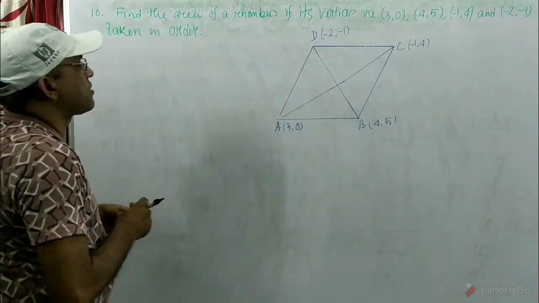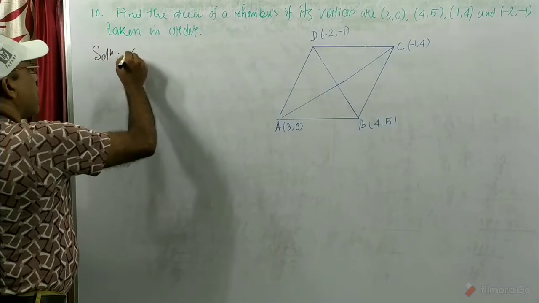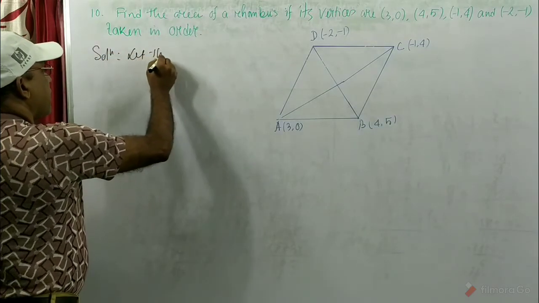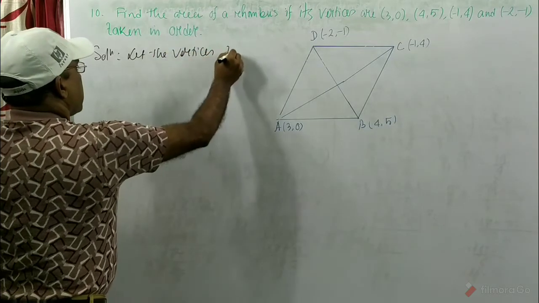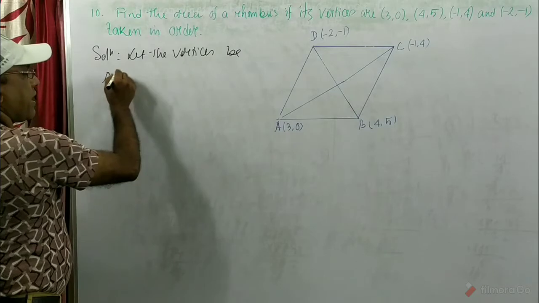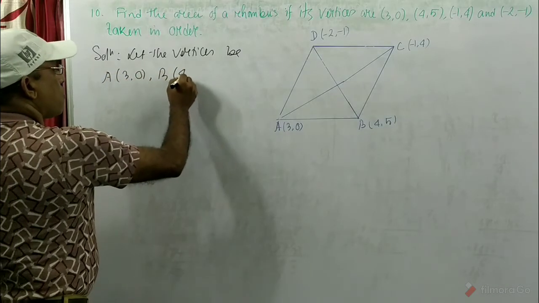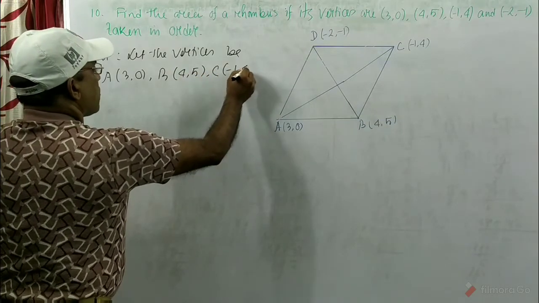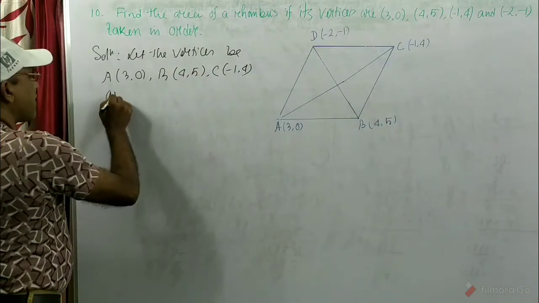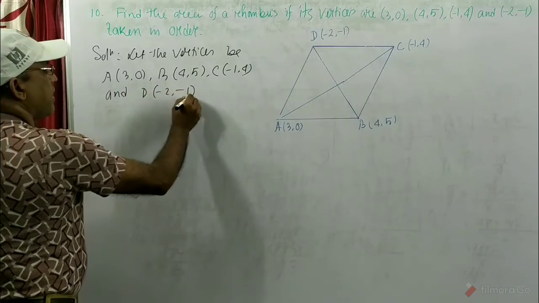Now first let the vertices be A 3, 0, B 4, 5, C -1, 4 and D -2, -1.